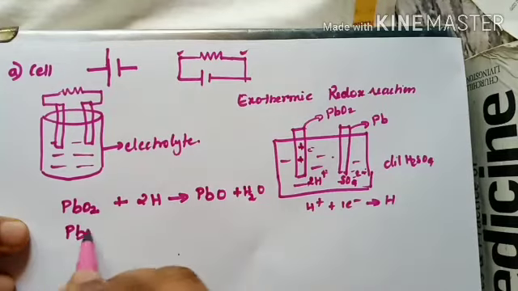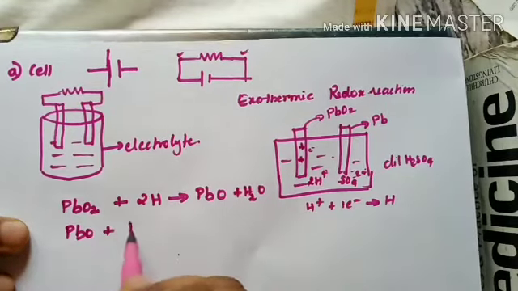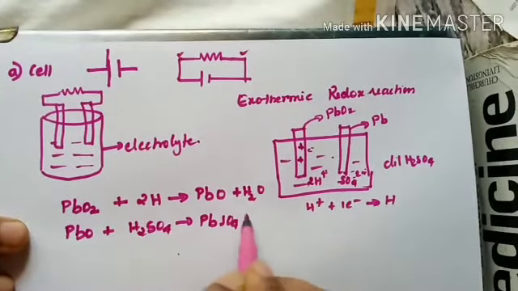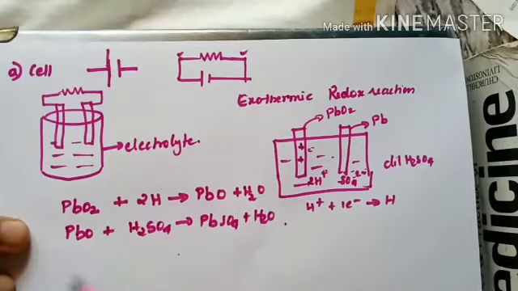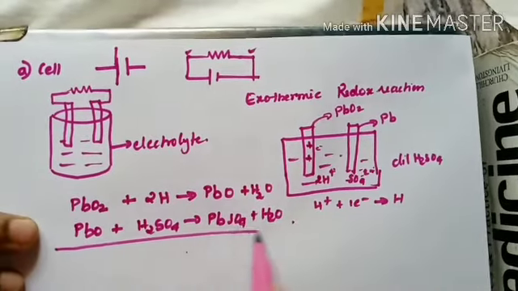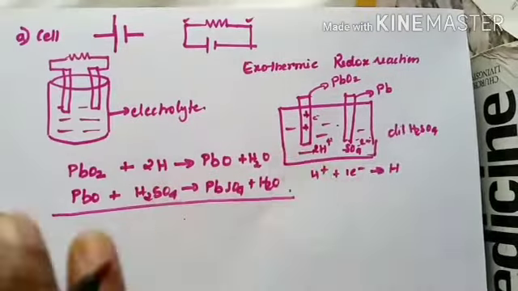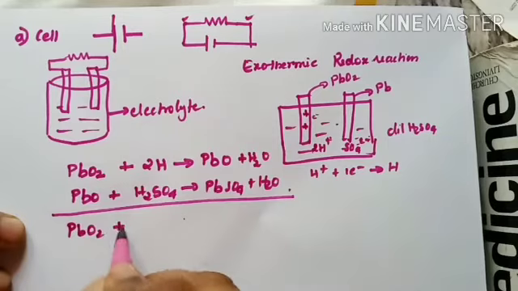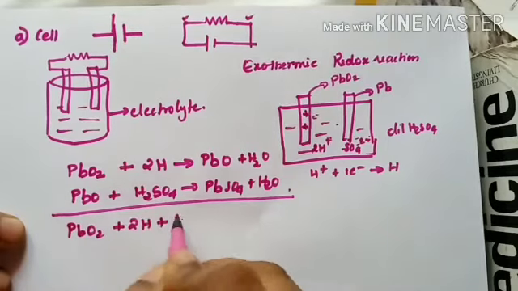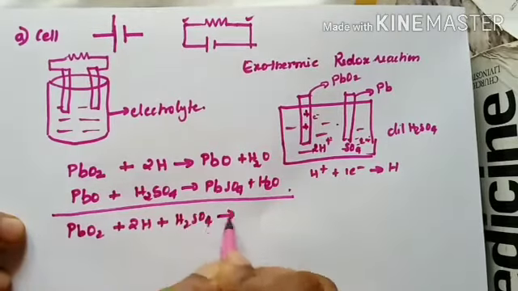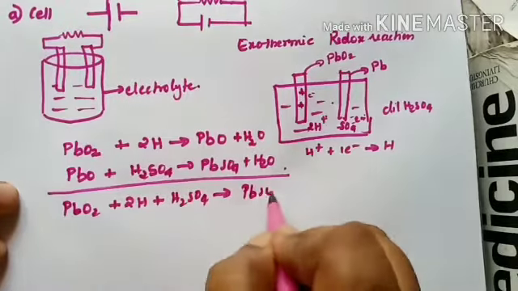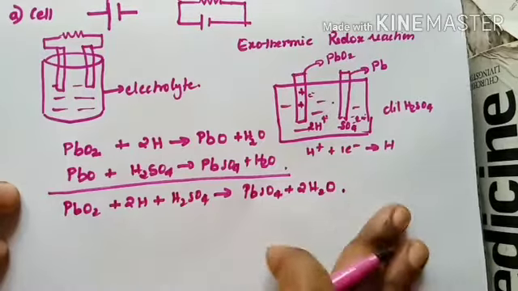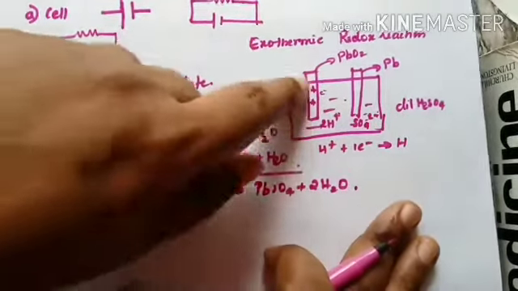So PbO reacts with H2SO4, giving PbSO4 plus water. Clear? Now what is the net? I can add these two reactions. We can say what is the total reaction happening inside the battery cell. That is PbO2 plus 2H plus H2SO4 gives PbSO4 plus 2H2O.